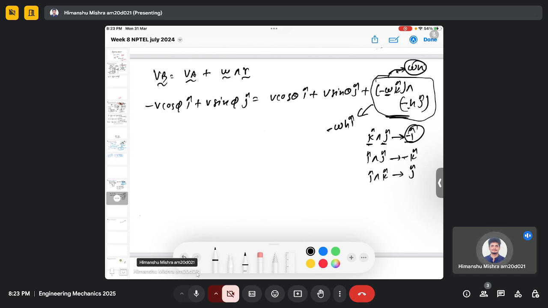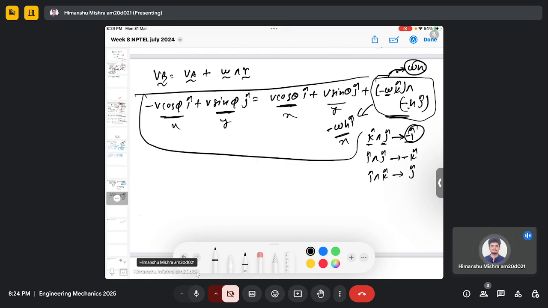So now you have a quantity here: this is the x component, this is the y component, this is the x component, this is the y component, and this is your x component. From this equation you can actually write two equations, one in the x component and one in the y component. When you collect the x components, you can write v cos phi equals v cos theta minus omega h.